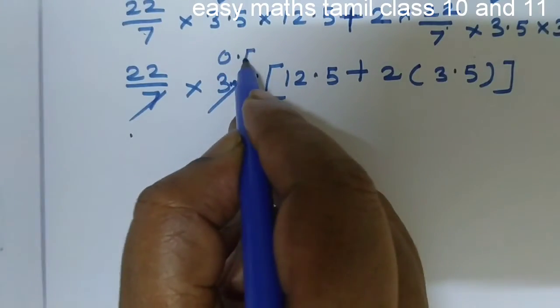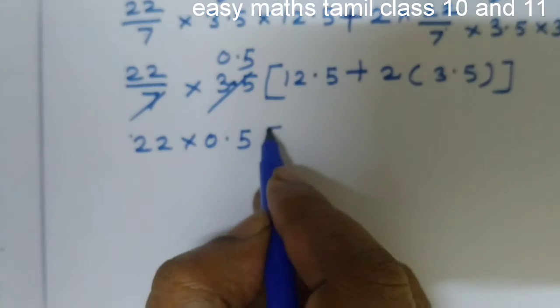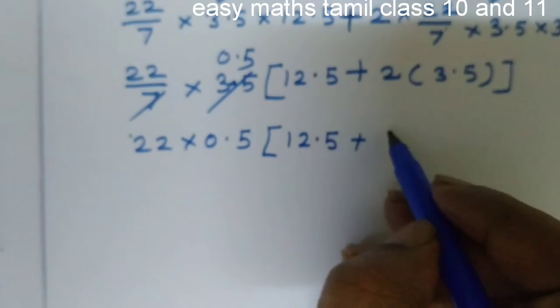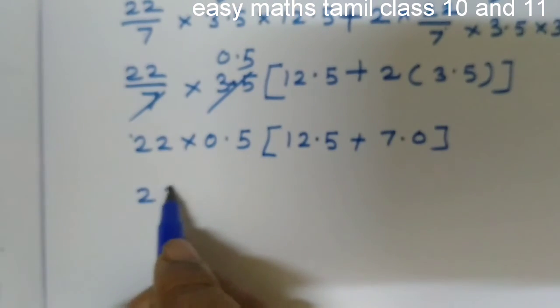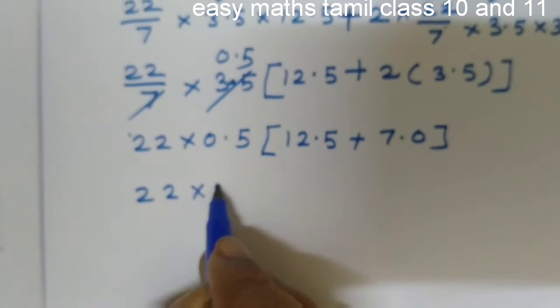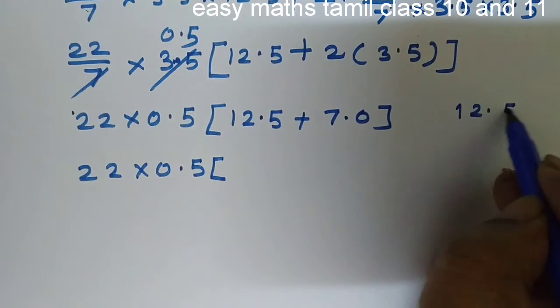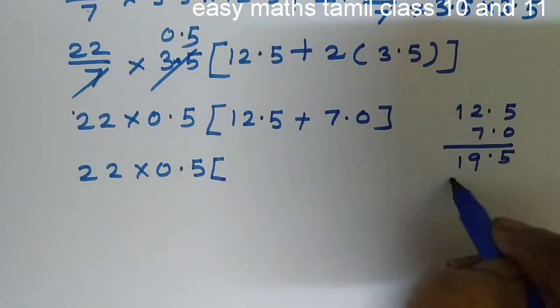Cancel 7 and 3.5, 7 into 0.5 is 3.5. 22 into 0.5 into 12.5 plus 3.5 into 2 is 7. Adding the values of 12.5 plus 7, it's 19.5.